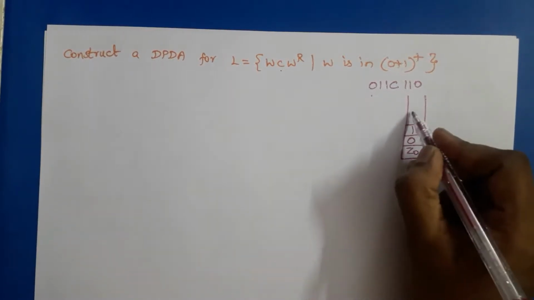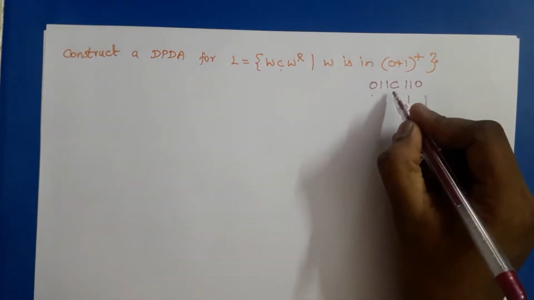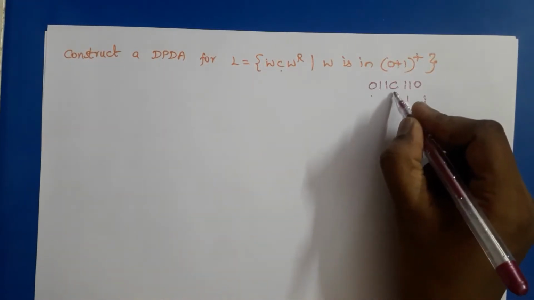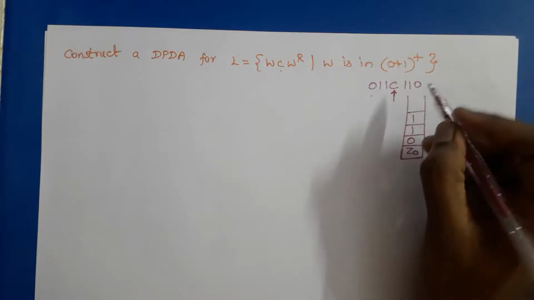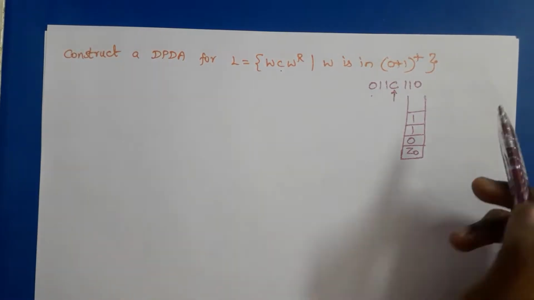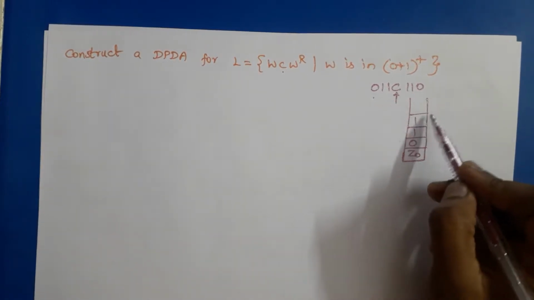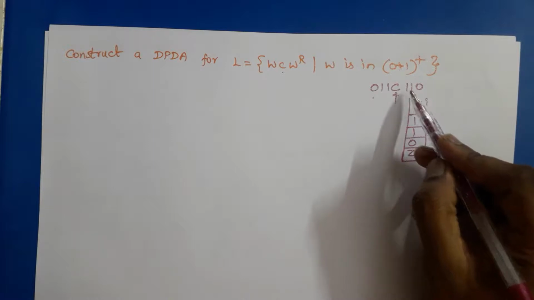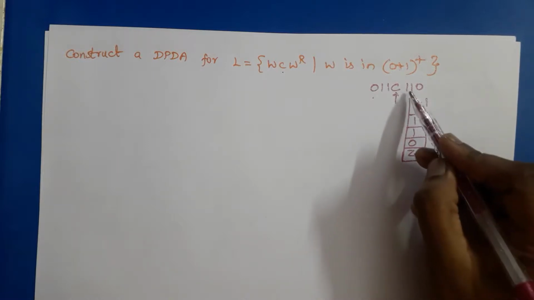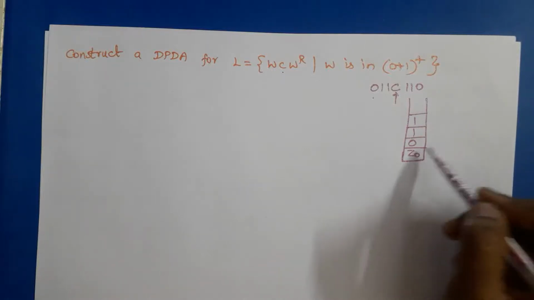We push all zeros and ones onto the stack until C is the input. If C is the input, we change our state from Q0 to Q1. And for the remaining input, we have to perform match.